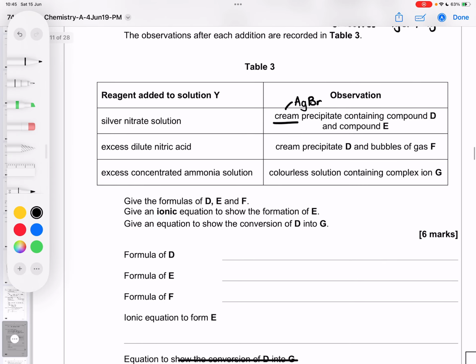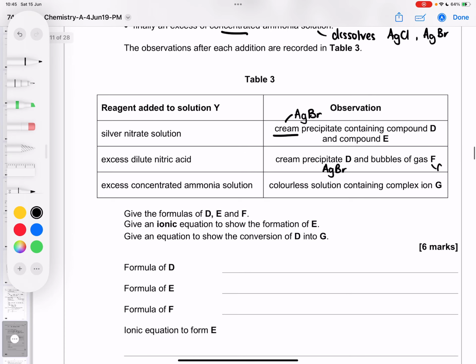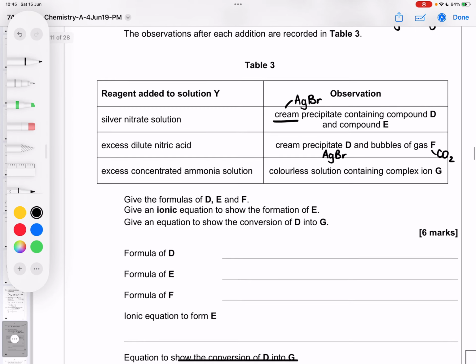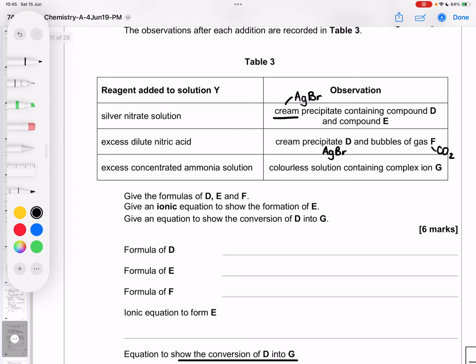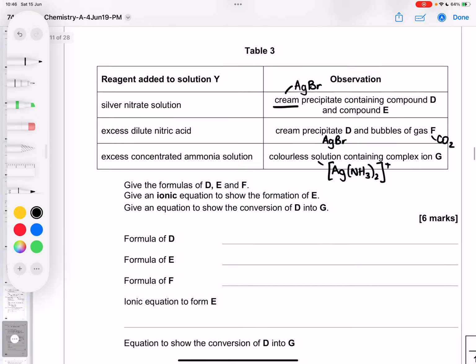When we add acid, we're still getting a cream precipitate of AgBr and bubbles of gas F because the carbonates have reacted with the acid to give off CO2. And then when we add the ammonia, we're getting a colourless solution, and that is because the silver bromide is dissolving and making the ammoniacal silver complex.